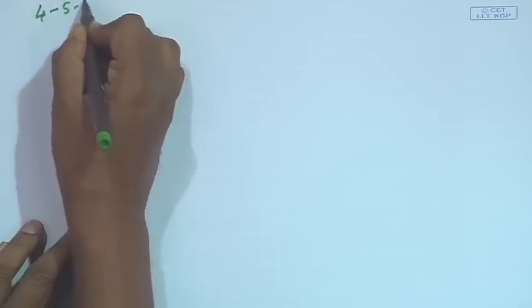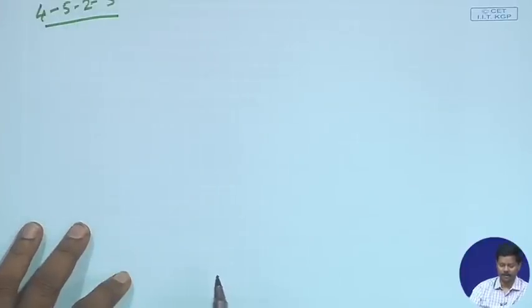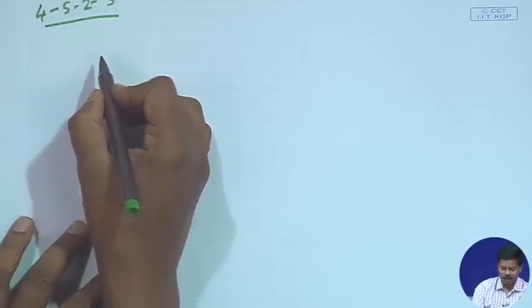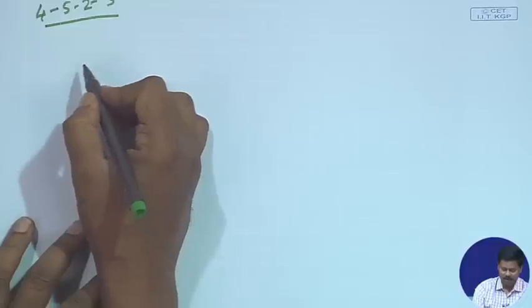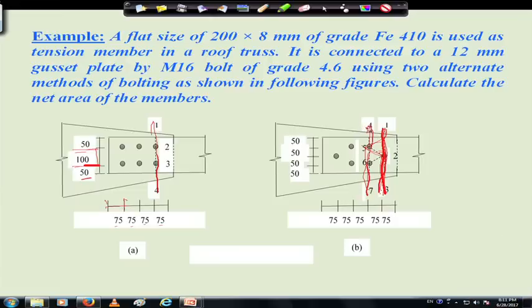Now, we will find out the net area along 4, 5, 2, 3, right. So, net area along 4, 5, 2, 3 I can find out. 4, 5, 2, 3 means this, that means one stagger piece is there.